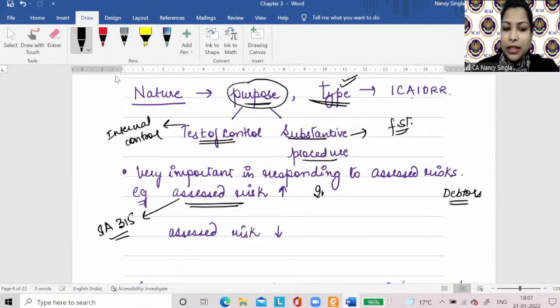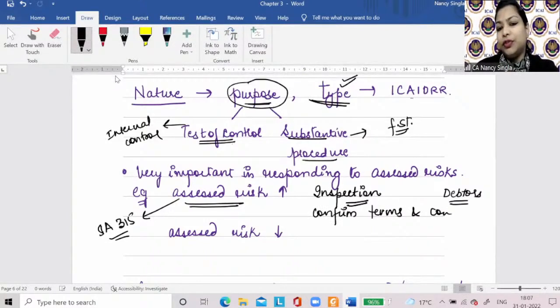My first option is, will he only inspect the documents, or will he also confirm the terms and conditions of the agreements? That is, will he also perform the external confirmation audit procedure?